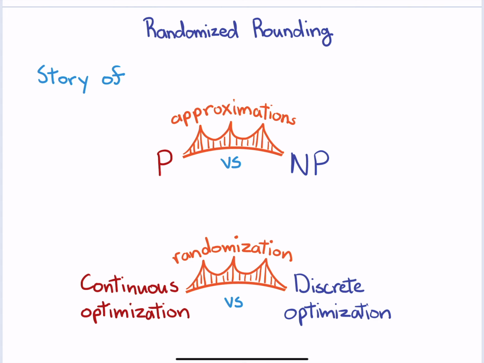We have problems that are polynomial time, which we can solve exactly, and then we have problems that are NP-hard, which we don't think we can solve exactly, but we still are interested in these problems, and one way out is to try to approximate them instead, and still do it rigorously, try to get some approximation bounds. This tends to also work well in practice. And it's also going to be a story about the differences between continuous and discrete optimization.